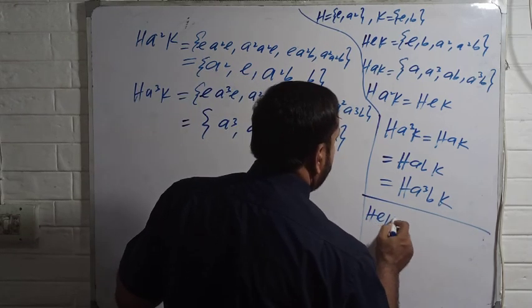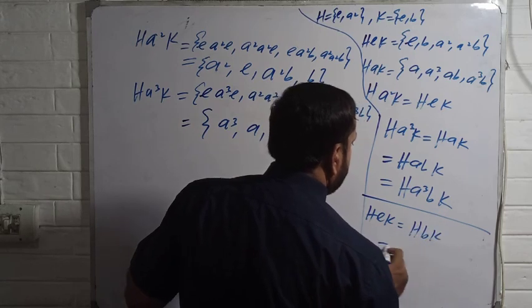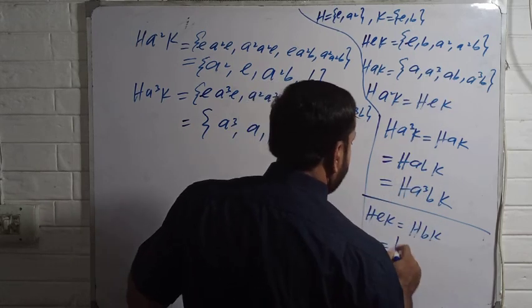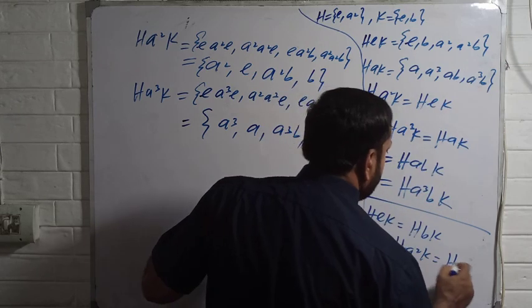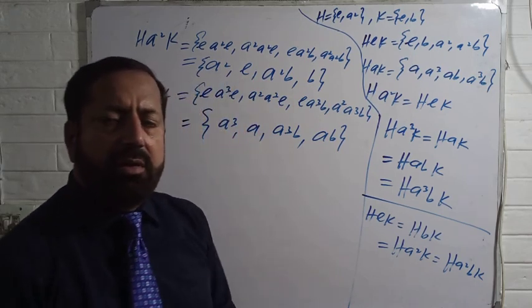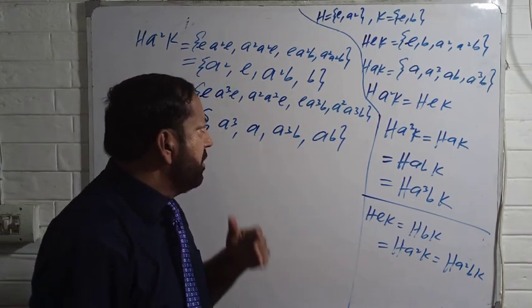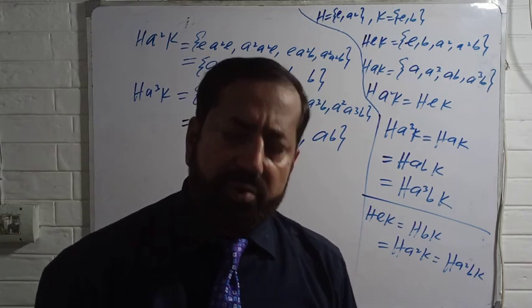Similarly, HEK is equal to H B K. This is equal to H A square K, which is equal to H A square B K. Anyhow, we have seen that there are four identical double cosets.